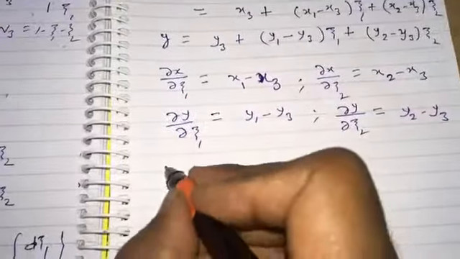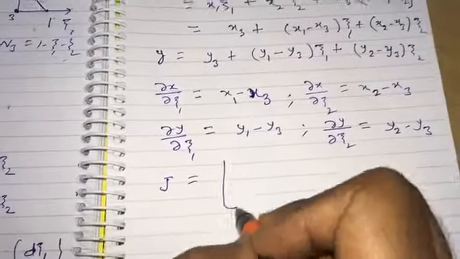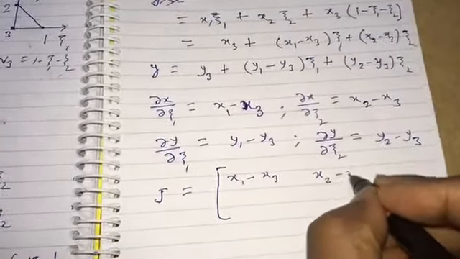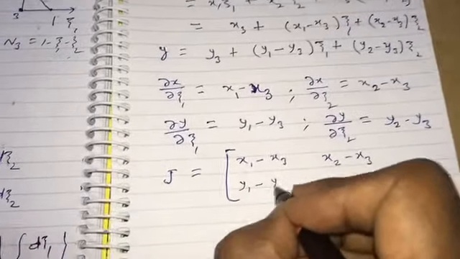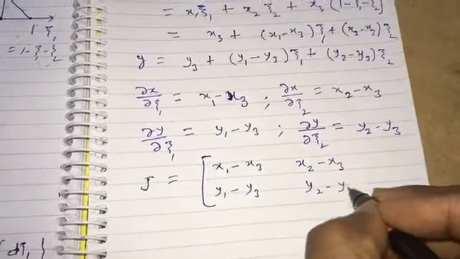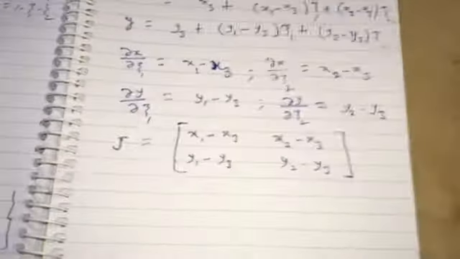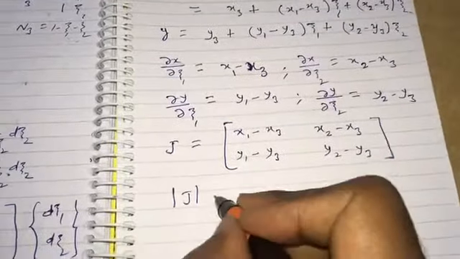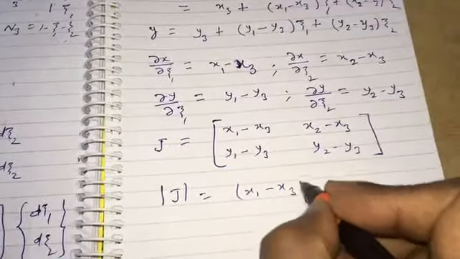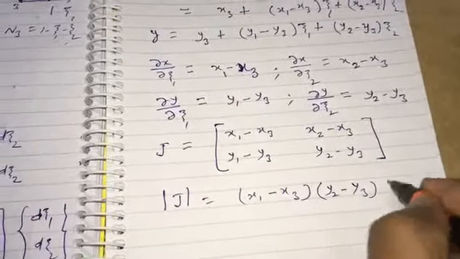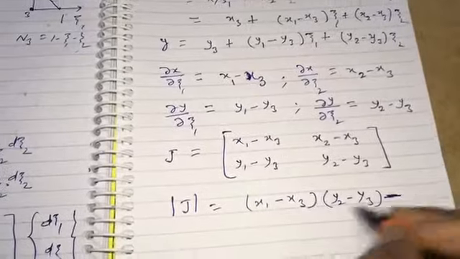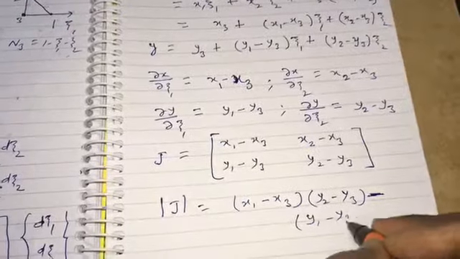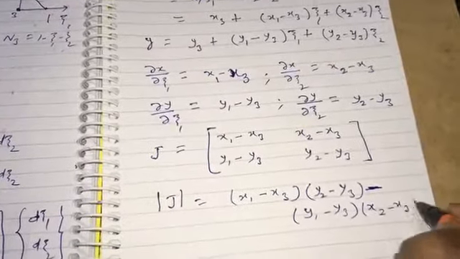So the Jacobian matrix J is given by x1 minus x3, x2 minus x3, y1 minus y3, and y2 minus y3. So this is the matrix, and hence the determinant of J is given by x1 minus x3 multiplied by y2 minus y3, minus y1 minus y3 multiplied by x2 minus x3.